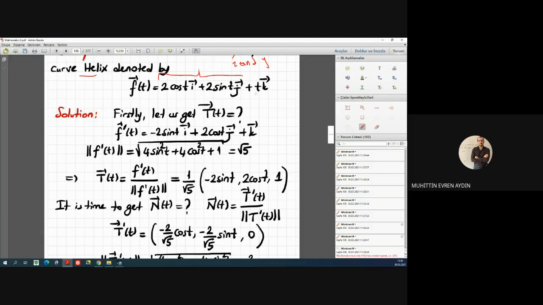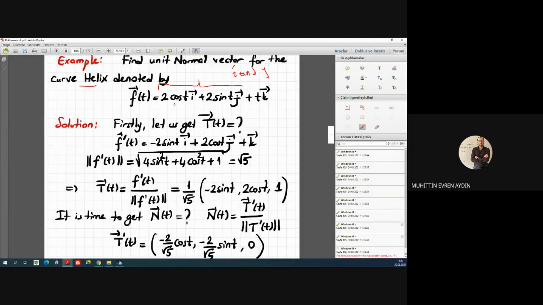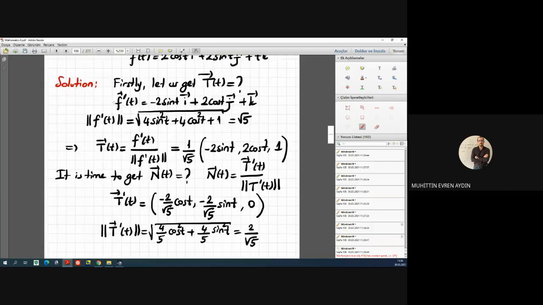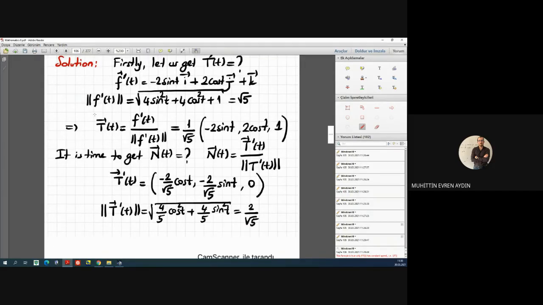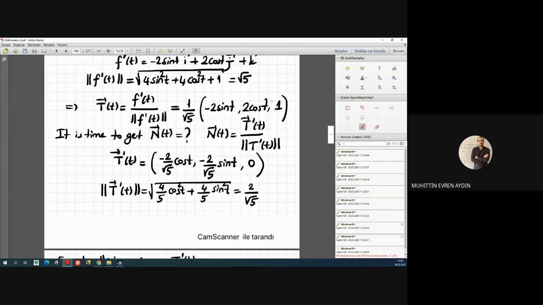Yes, this is a circular helix. For this helix, let's find the tangent vector, which is the first derivative. If you make it a unit vector, then you have to divide it by its norm, as in this equality.